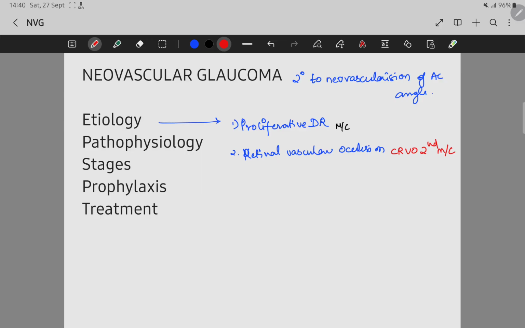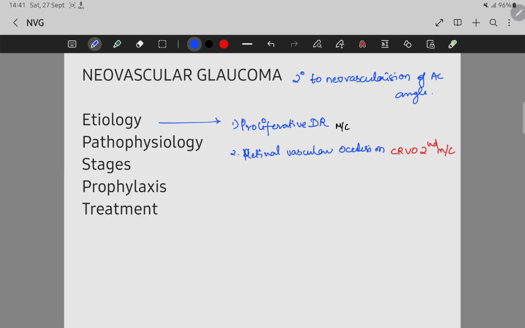Almost 45% of ischemic CRVO develop neovascular glaucoma, and it is highest during the first 7 to 8 months. That's why it is also called 100-day glaucoma in these cases. So this is CRVO.